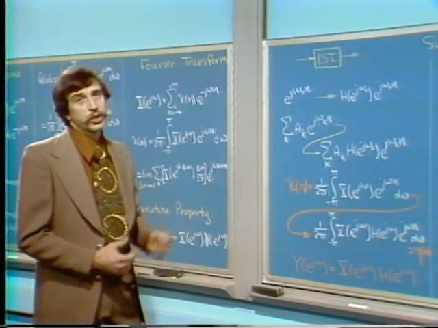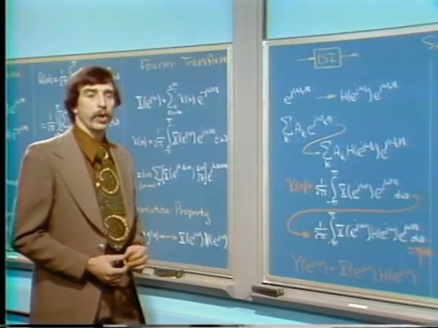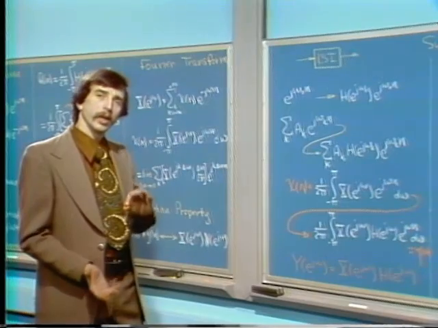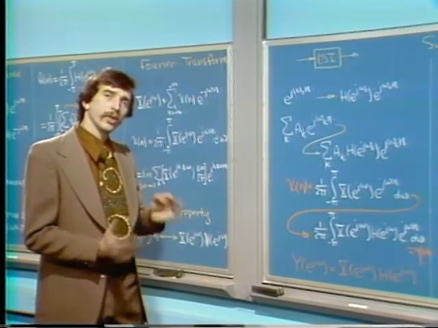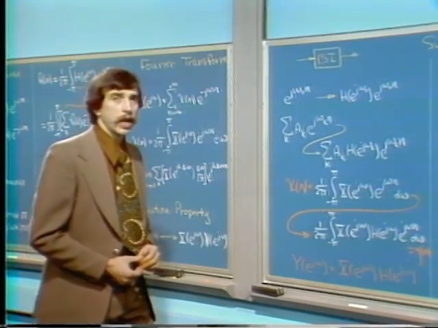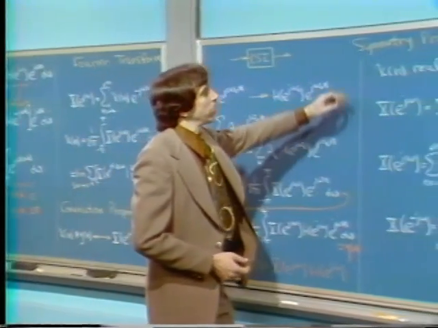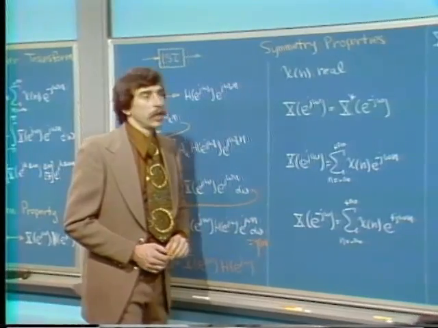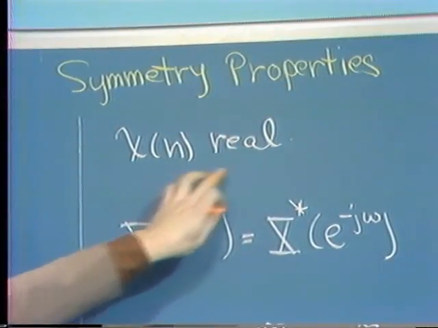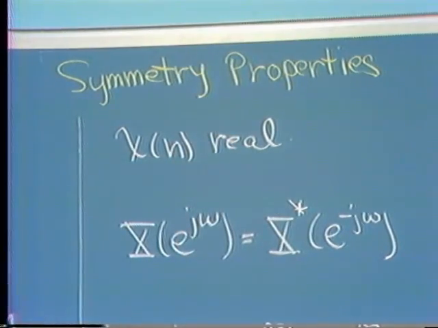But let me just indicate one class of properties that, again, should be very familiar to you if you relate your thinking back to continuous time Fourier transforms, and that is the class of symmetry properties for the special case in which the sequences that we're talking about are real sequences.